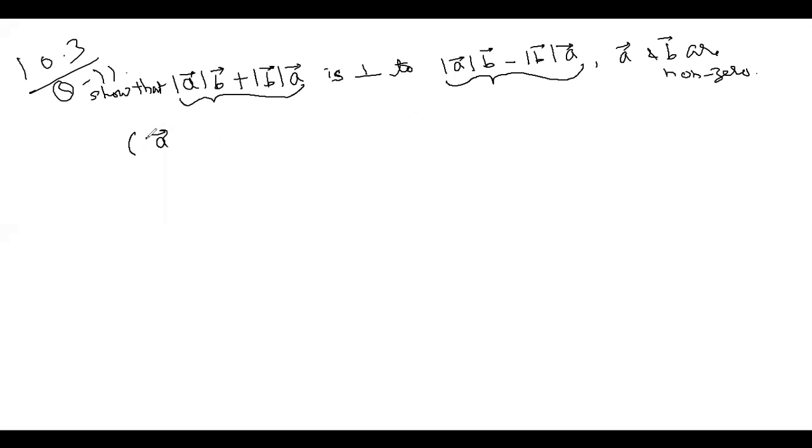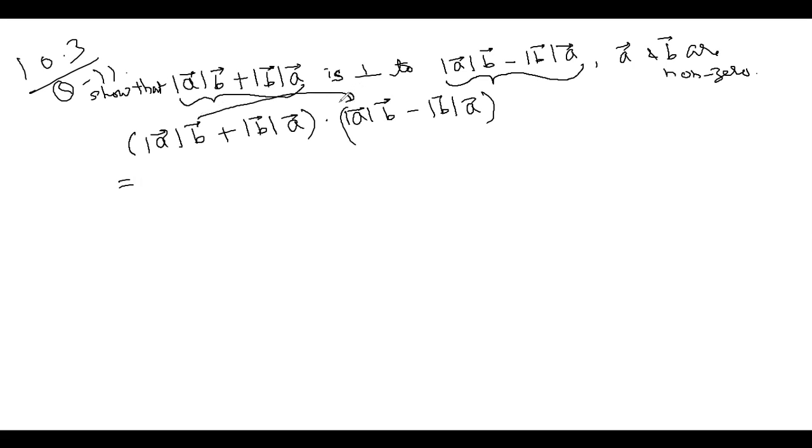So the first vector is magnitude of A times vector B plus magnitude of B times vector A, dot magnitude of A times vector B minus magnitude of B times vector A. This dot product should come 0. First we will multiply this with this one.